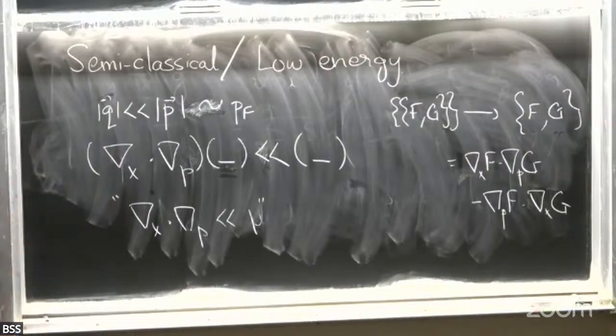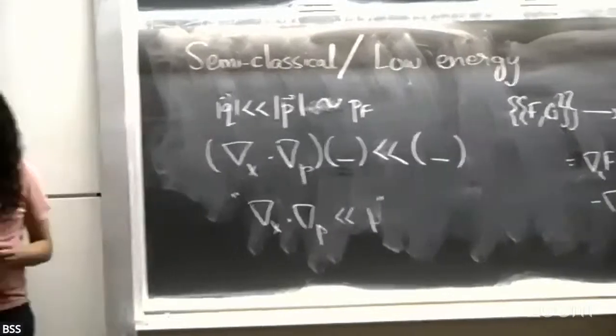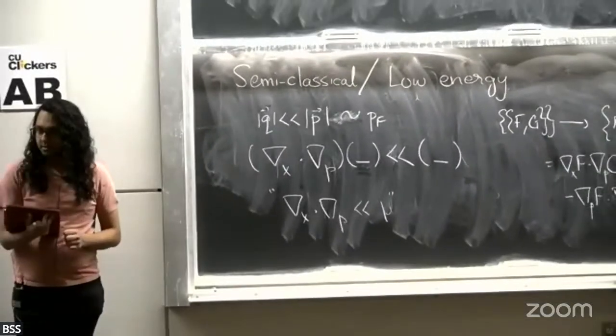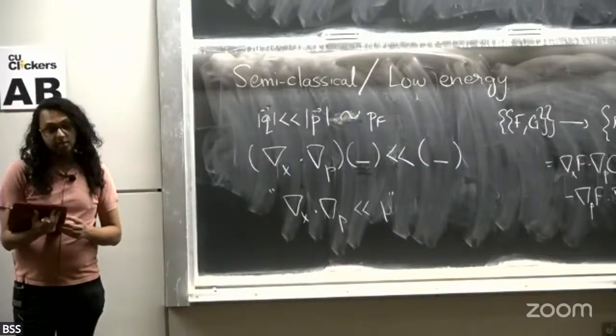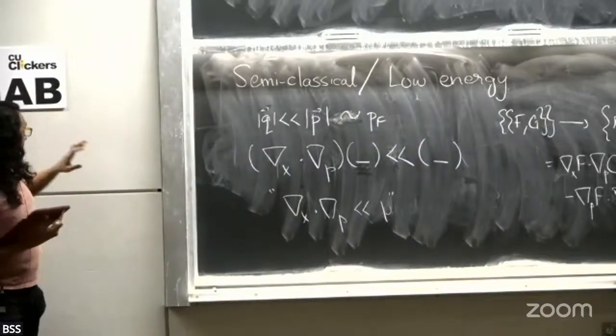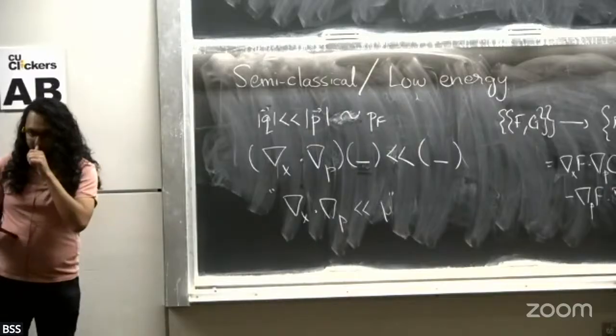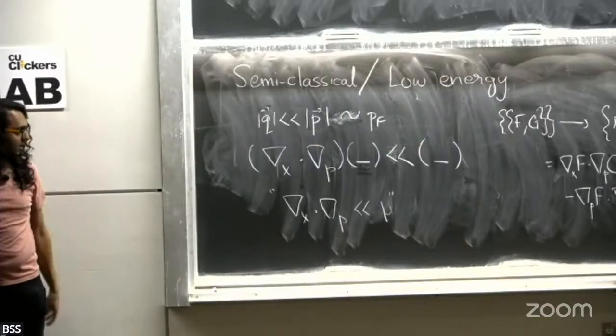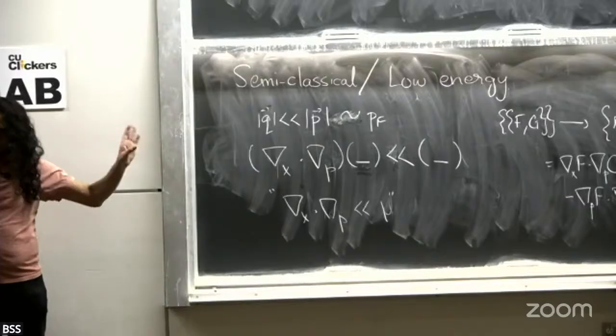You're always working in the approximation that the Moyal product is just the semi-classical one? Yes, at least for these references, we're definitely working in this limit where Moyal is semi-classical.